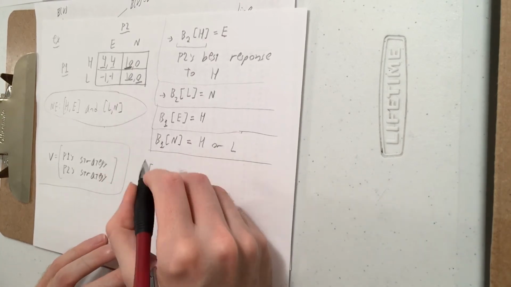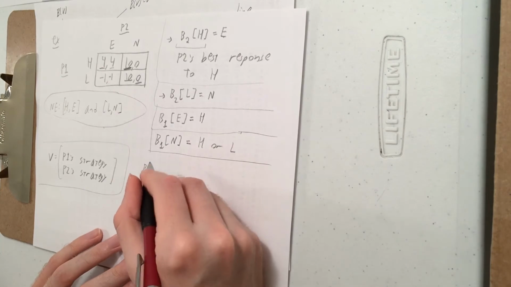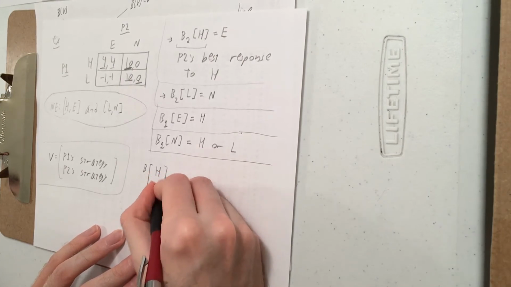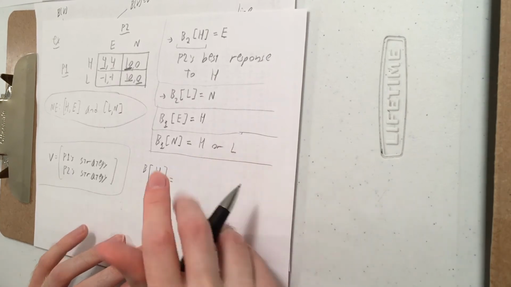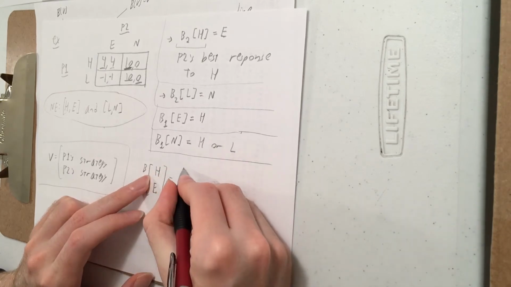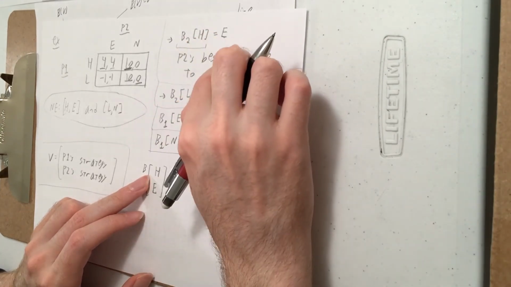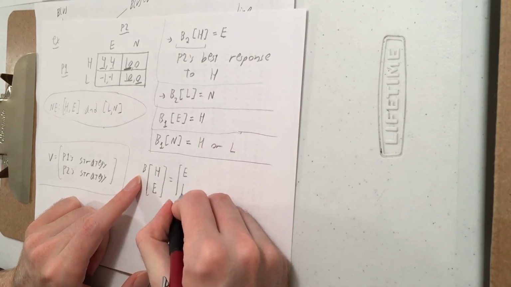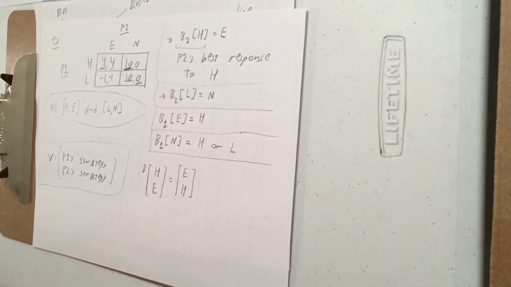So the best response to HE: player 1 is playing H, so we look at player 2's best response to H, that is E. Then we look at what is player 1's best response to E. Best response to E is H. Oh, you see what I mean about you have to be careful with this?